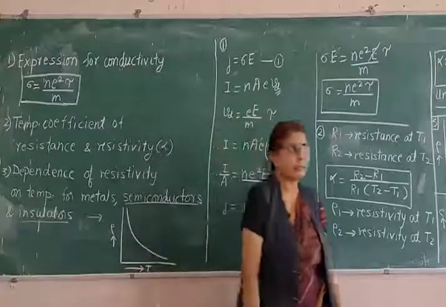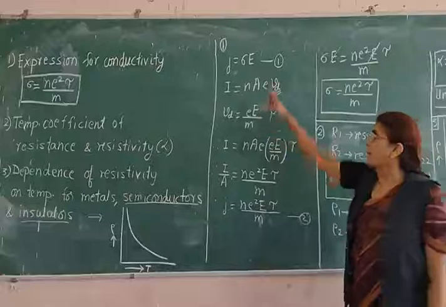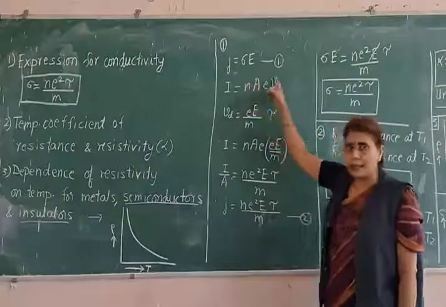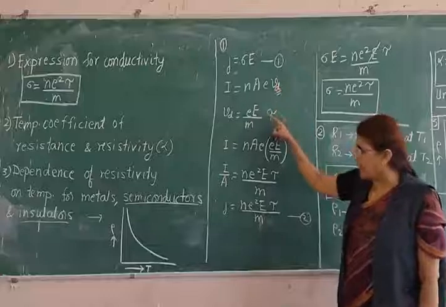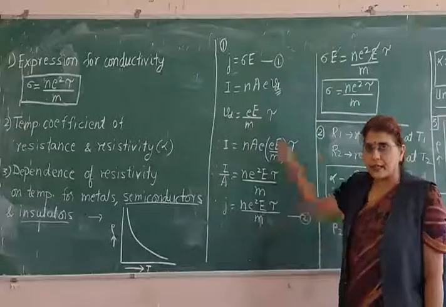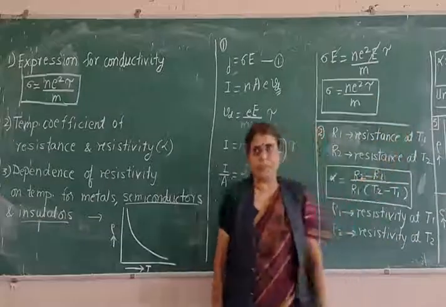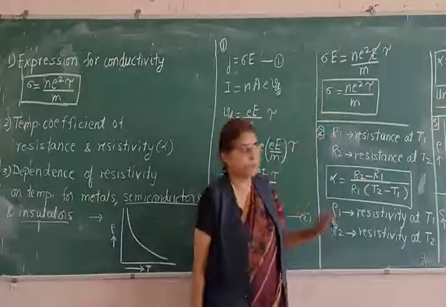What are the steps in this derivation? First, write an equation for J, use an expression for current, substitute for Vd, get another equation for J, equate equations 1 and 2 and you get the final result. Let me describe the terms used here.